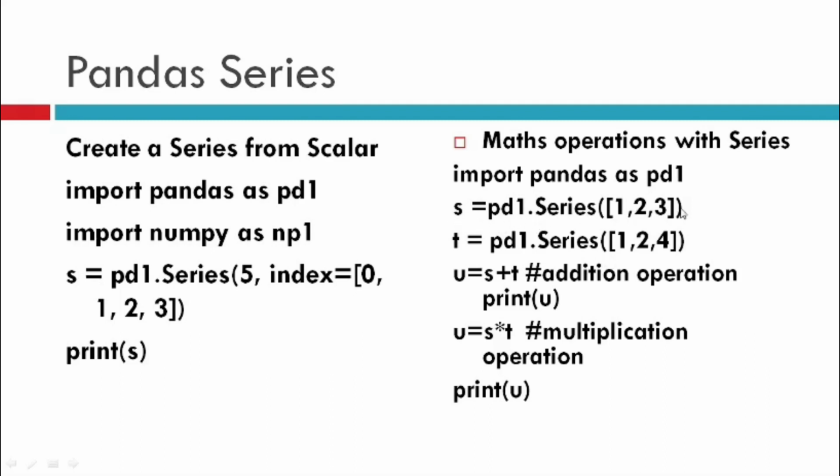First series is 1, 2, 3 denoted by S, again T, then U is a variable where we operate S plus T, that is the addition operator. Again this is the multiply, and print the value. You can see on your screen 1 plus 1, 2 multiplied by 2 and 3 multiplied by 4 is the result.